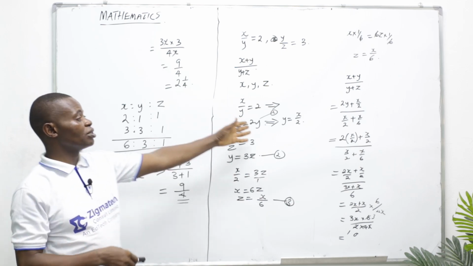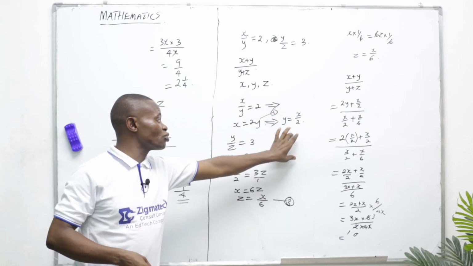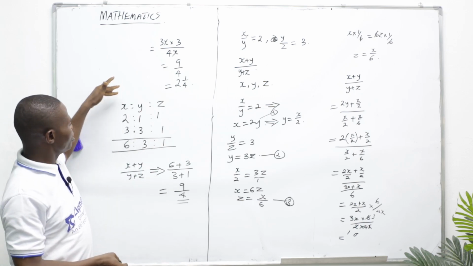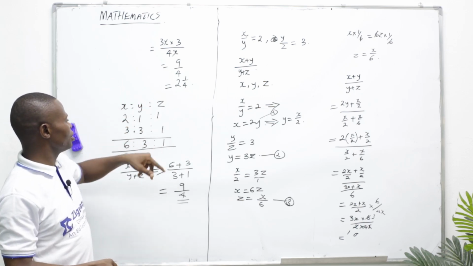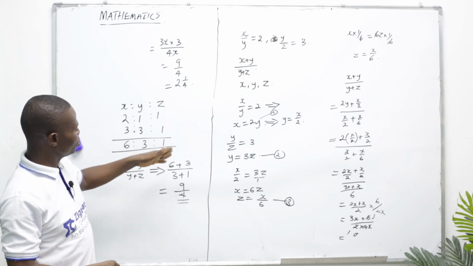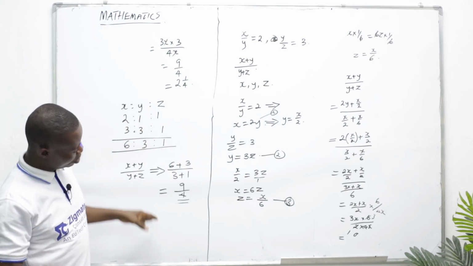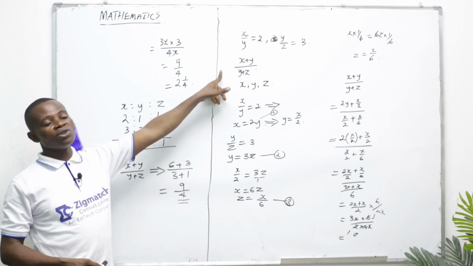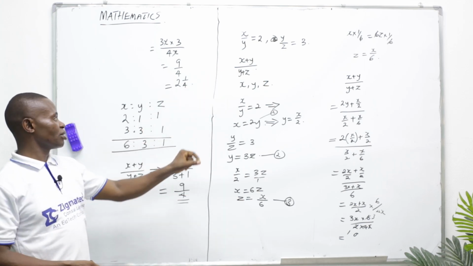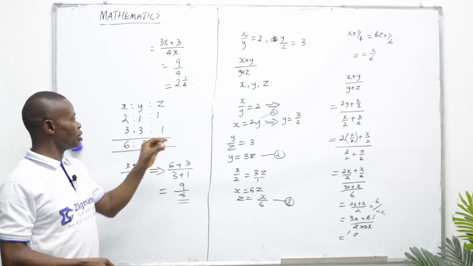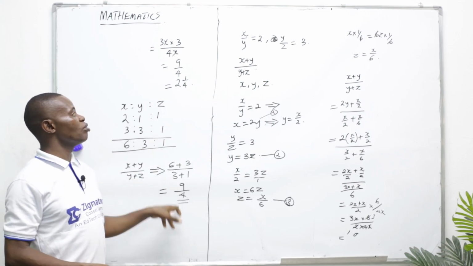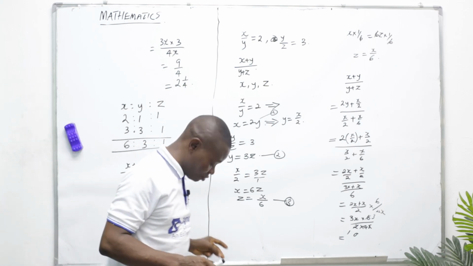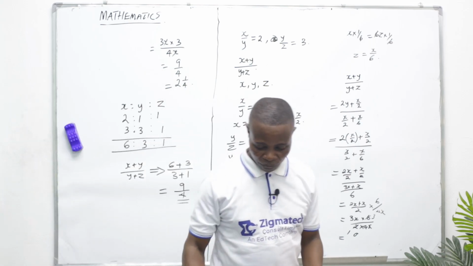But if you can still do this, it's okay. But if you feel it's too much, no problem. Just come over to this one. x ratio y ratio z is this 2:1:1, 3:3:1. The solution is what? 6:3:1. Then go back to your question, x plus y, which is 6 plus 3, all over y plus z, 3 plus 1, 9 over 4. The same solution. So that is the solution for that question.